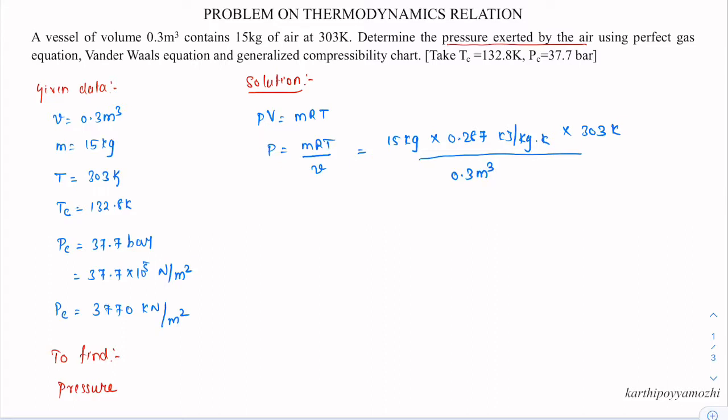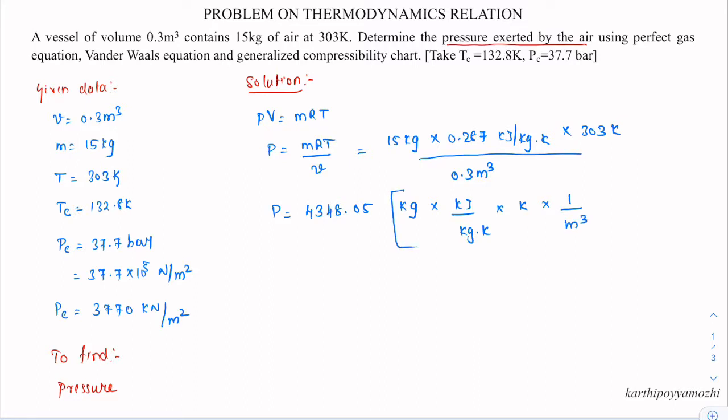On calculation, the value of P is calculated as 4348.05, and the unit calculation is kg for mass into kilojoule per kg Kelvin into K into 1 by meter cube.